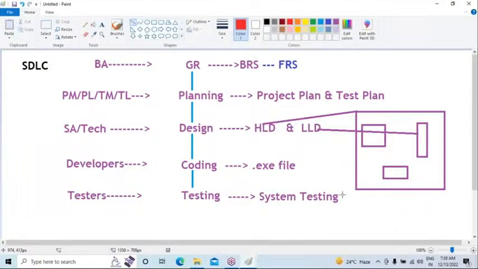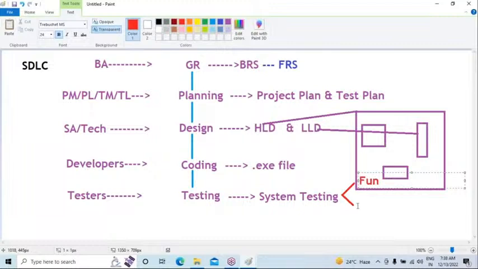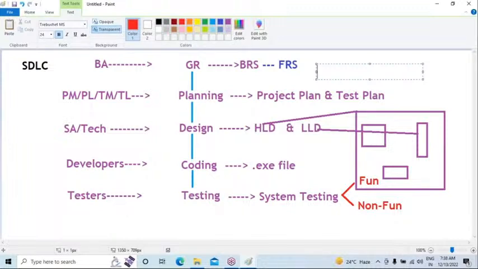What exactly are we going to test? Whether the functional and non-functional requirements are working properly or not. In this training, we are going to focus on this: how we test the functional and non-functional requirements, and what techniques or methods we use. All of this will be discussed in the coming classes.